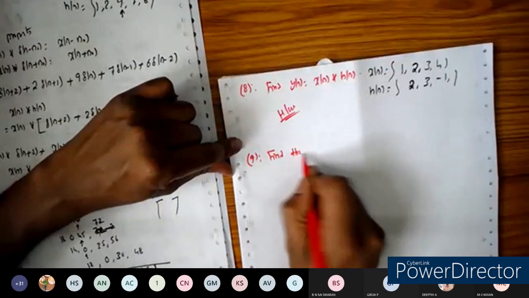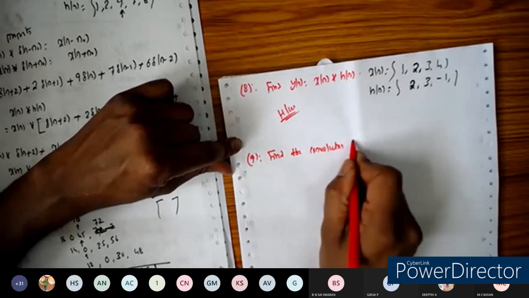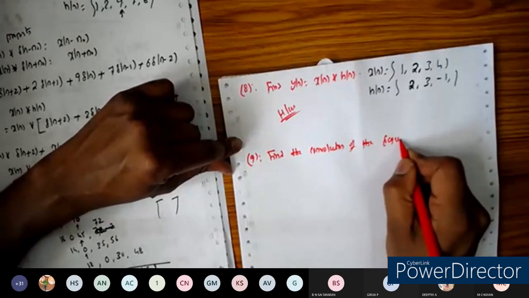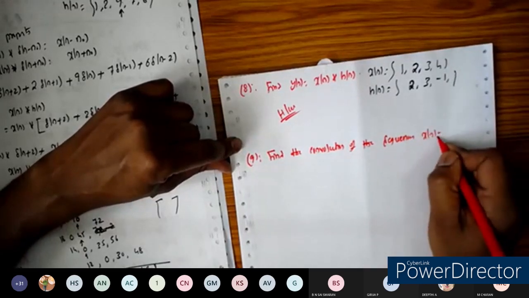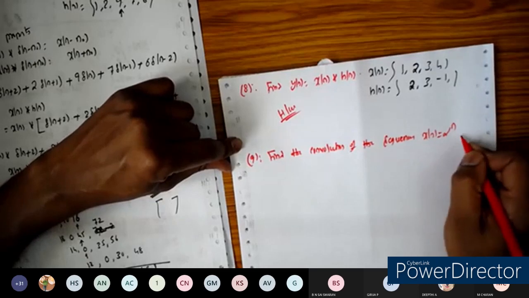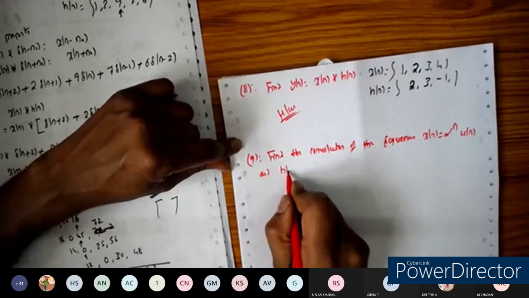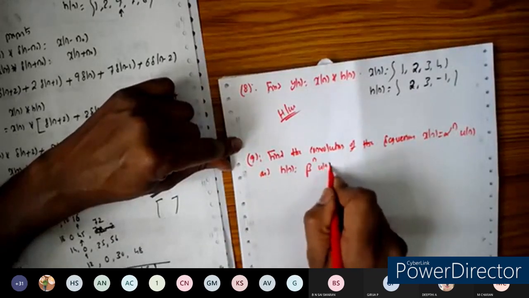Find the convolution of the sequences. Okay, x of n is equal to alpha to the power of n into u of n, and h of n is equal to beta to the power of n into u of n.